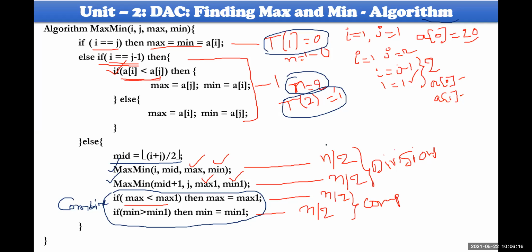Whereas if n is greater than 2, then you have to identify the mid element and perform the steps. Please keep all this in your mind. Then we'll move to the next analysis part. And if the analysis part is completed very quickly, then we'll move to quicksort also today.